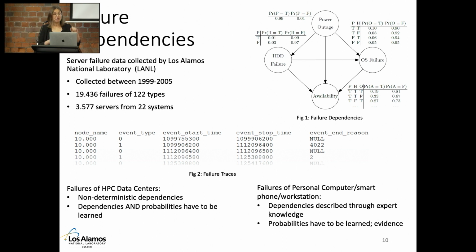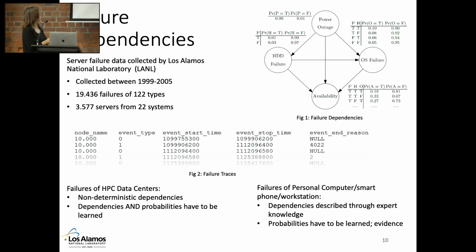Doing such graphs in a small system is easy, I would say, and it's common knowledge, but we have such dependencies in large-scale systems as well, data centers that consist of thousands of servers. And we performed analysis on the data of such data centers. We used data collected by Los Alamos National Laboratories that were provided for public usage. You can see the log files.